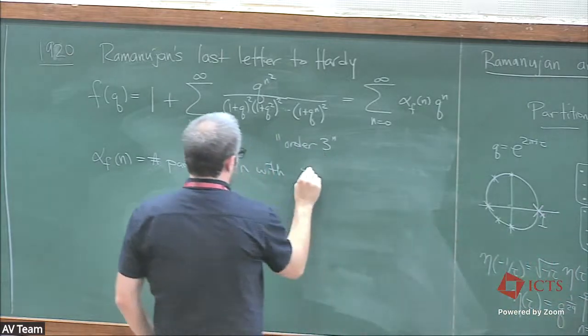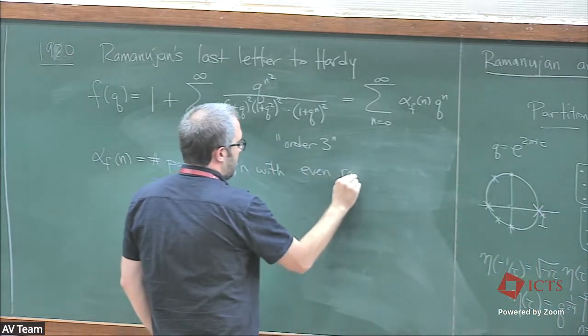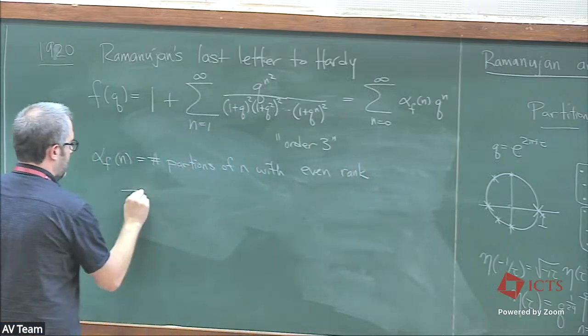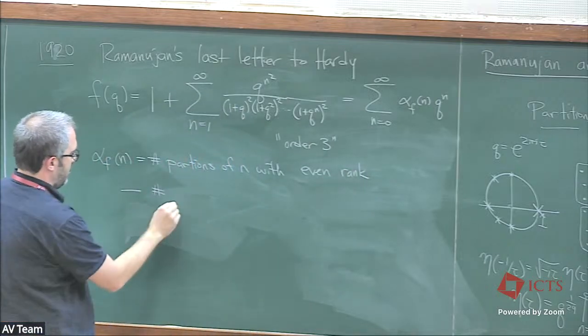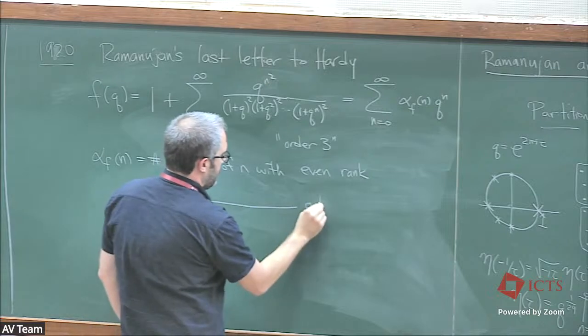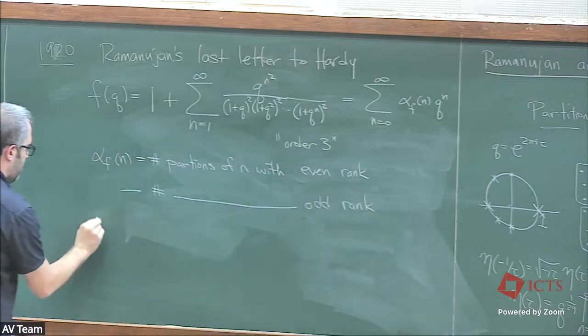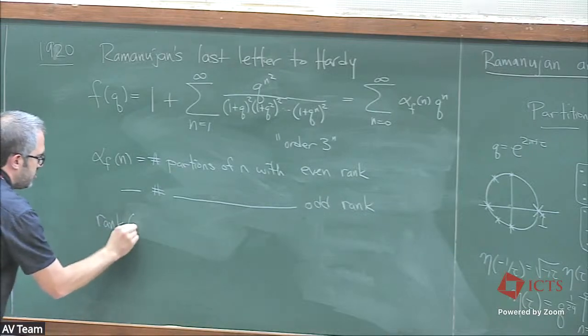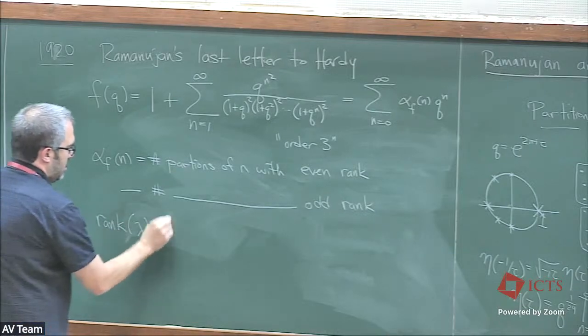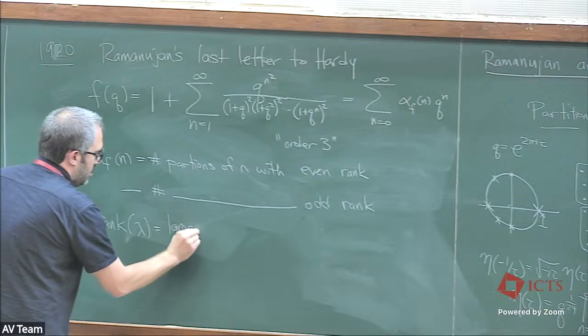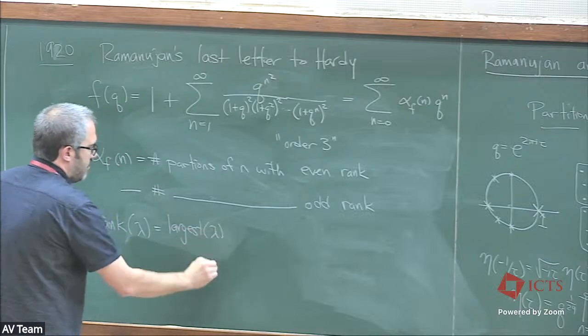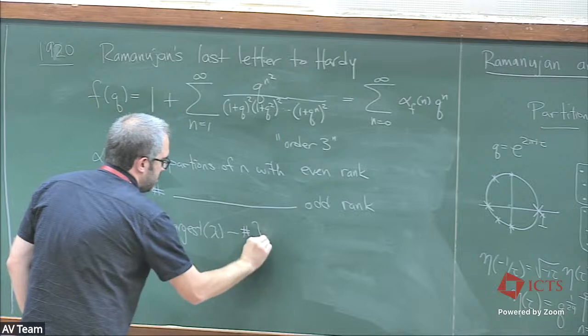With even rank minus the number of partitions, I'm not going to write all that again, with odd rank. And what's the rank? So the rank of a partition, say lambda, is the largest part of lambda minus the number of parts in lambda.